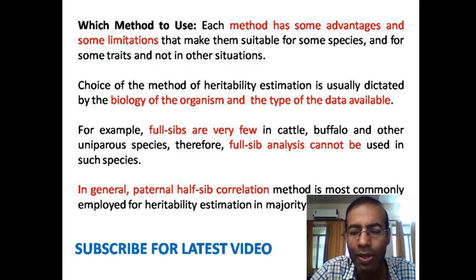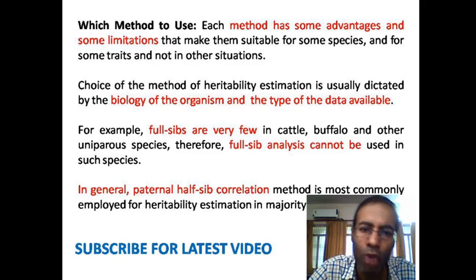Whether the animal species is producing one progeny after one pregnancy, or the animal is producing many progeny in a litter after one pregnancy. This will determine whether half-sib or full-sib families are small or larger.